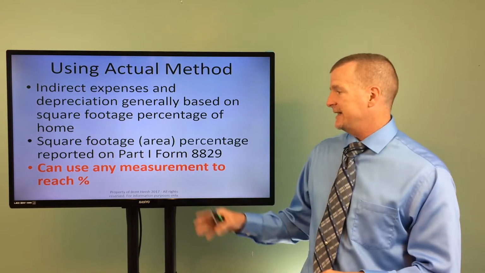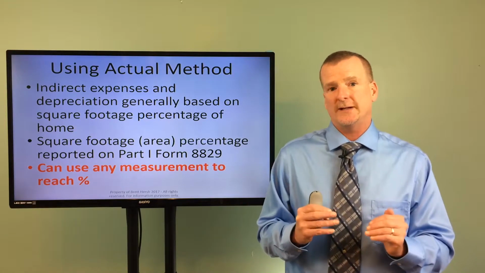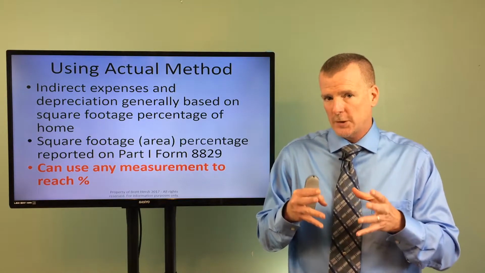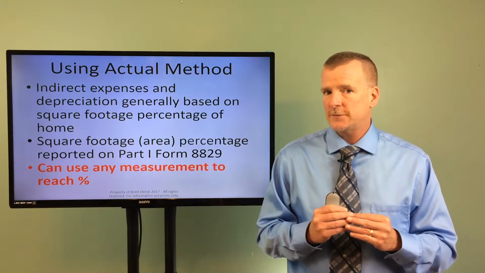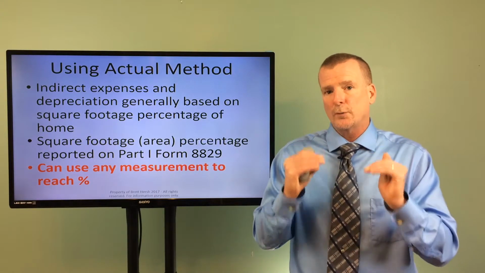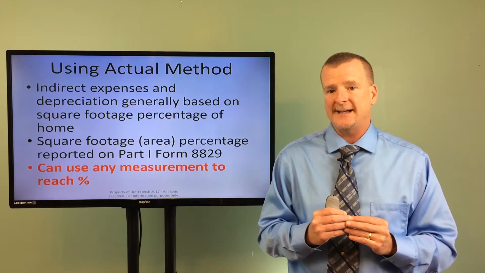You can actually use any measurement to reach a percentage. What the IRS cares about, what we care about, is really having an actual percentage of your home's total area that is used for business, so that we can allocate or prorate all your indirect expenses and put them in the proper place on that Form 8829.